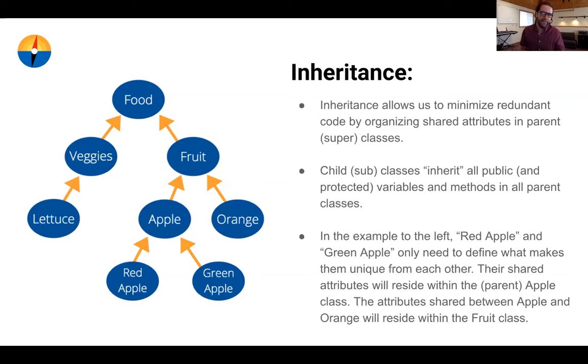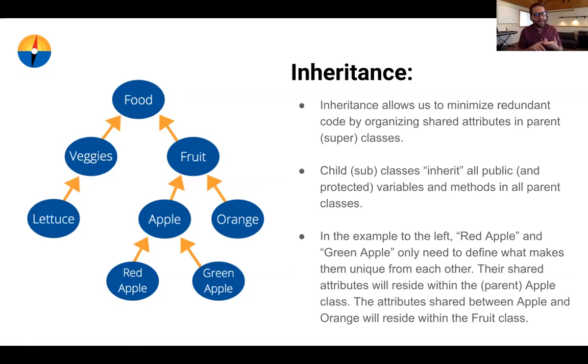the parent class. And when a subclass extends the parent class, so for instance, when apple extends fruit and fruit extends food, Apple has direct access to all the variables and methods that are public and protected, just to be clear, in the fruit class, as well as the food class above it. The apple is effectively a fruit, and it is effectively a food.